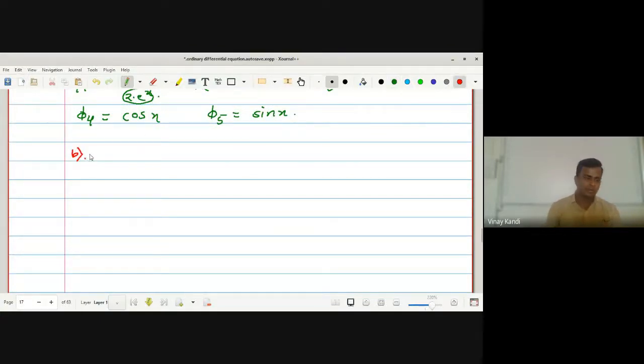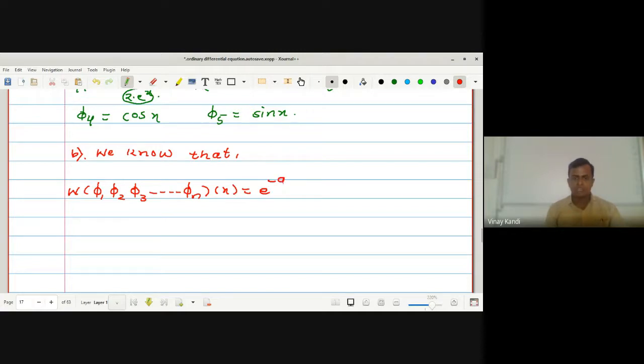बी पार्ट, we know that Wronskian of phi 1, phi 2, phi 3 up to so on phi n of x is equal to, okay, e raised to minus a1 (x minus x naught) into Wronskian of phi 1, phi 2 up to so on phi n at point x naught.